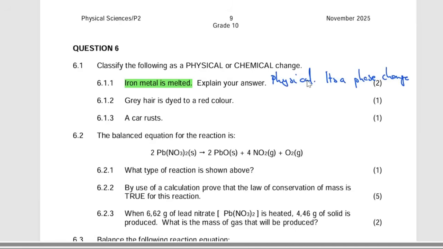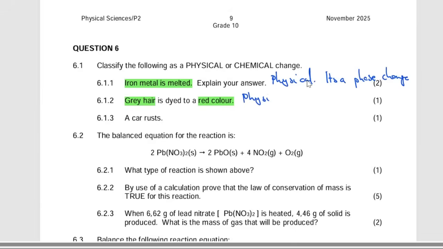Then, gray hair is dyed to a red color. Someone has black hair, then they turn blonde. Same applies here: they're having gray hair that is dyed to a red color. Is this going to be a physical or a chemical change? It's going to be a physical change, right?